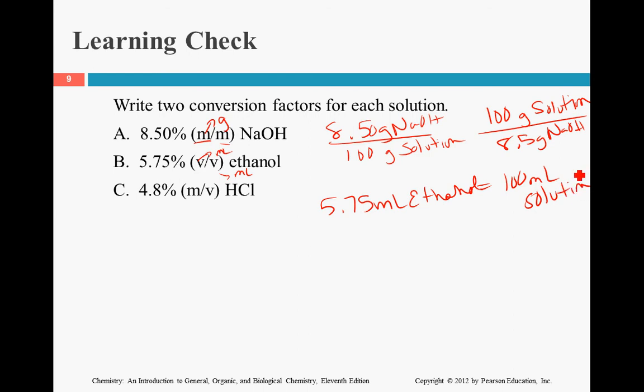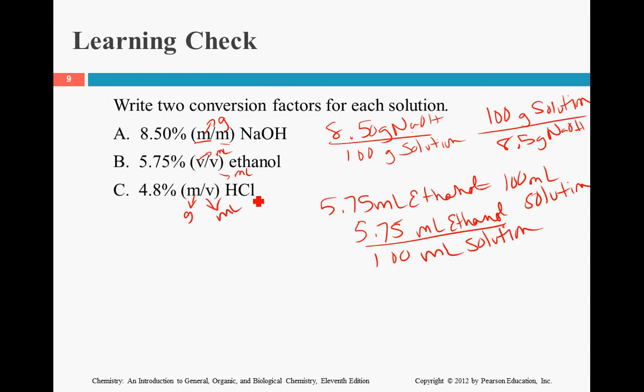We can write those as the 2 conversion factors just by making them into fractions. So 5.75 milliliters, and then flip-flopping them to make the other one. And then finally we have grams and milliliters in the same one.